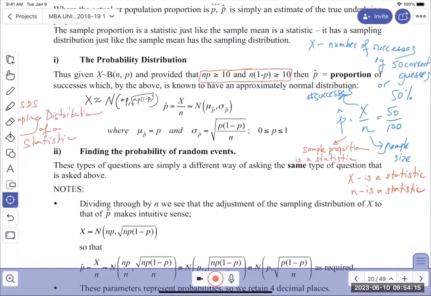Well, because of the rules of means and variances that you learned in module 8, all you have to do, just like you divided X by n, you just divide the mean by n and the standard deviation by n. And it follows through that this is going to be p, and this is going to be the square root of p(1 minus p) over n. And I do the math below to show that.